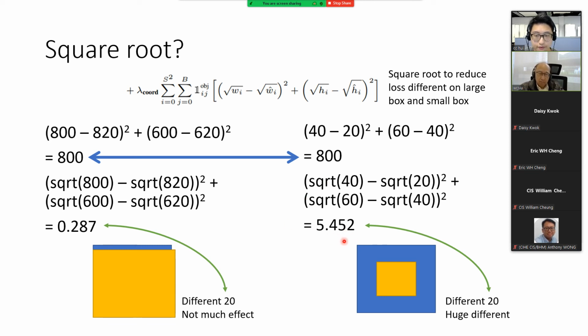Here it is 4.5 and 5.4, but here it is only 0.28. If we don't include the square root, it will be the same, 800, 800. So how can the system train the white one to be more precise? It can't. Therefore we add a square root to minimize their difference.